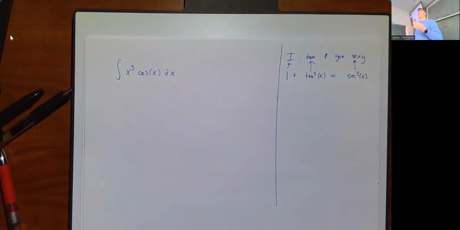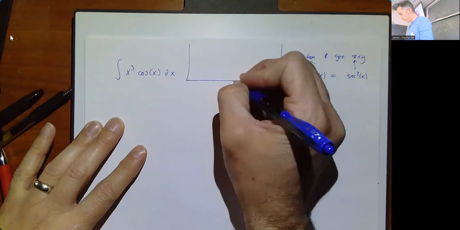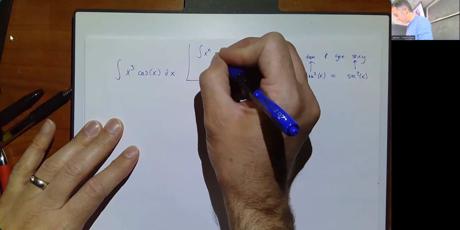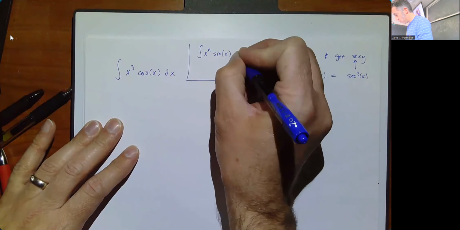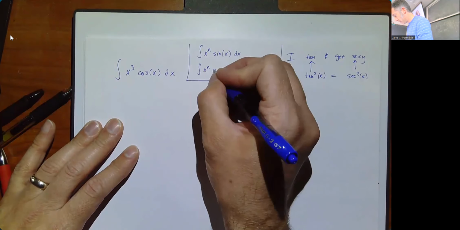Here's the silver lining. For integrals like this, this only works for 3 types of integrals. For x to a power times cosine. It also works for x to a power times sine, or x to a positive integer power times e to the x.